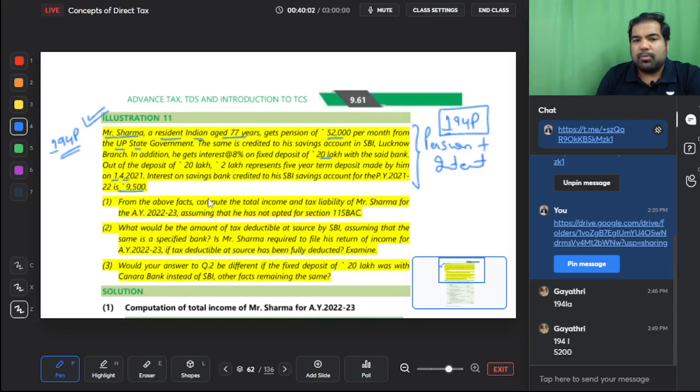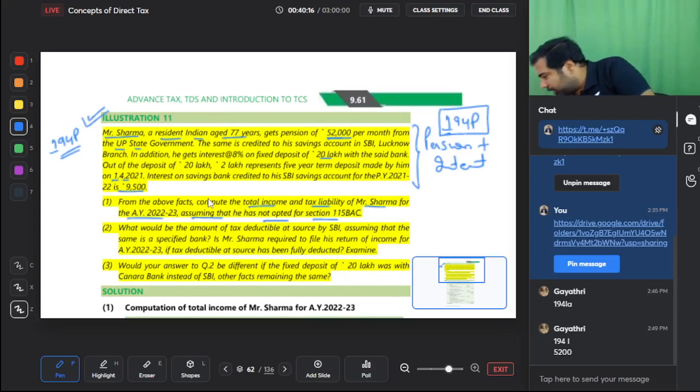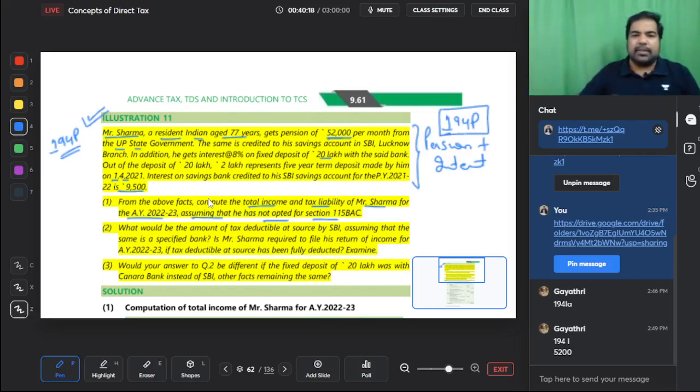From the above facts, compute the total income and tax liability of Mr. Sharma for the year, assuming that he has not opted for section 115BAC. Guys, here 52,000 into 12 is his salary income. Next, you will have to calculate interest at the rate of 8%, and that will be the interest income. Also, interest on savings bank account, you will give deduction under 80TTB of 50,000 rupees because he is a senior citizen.